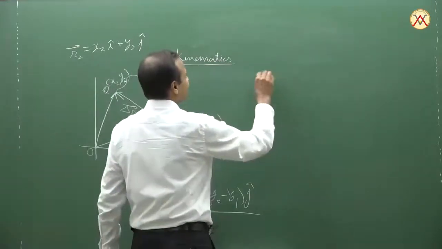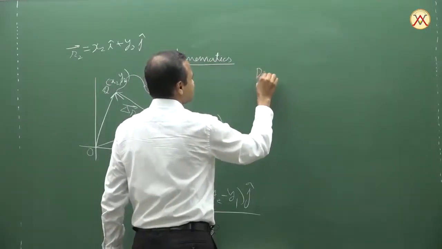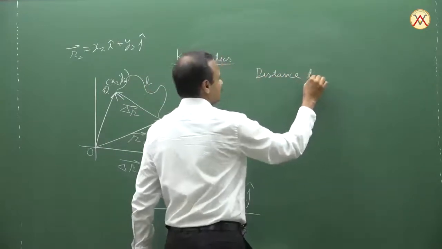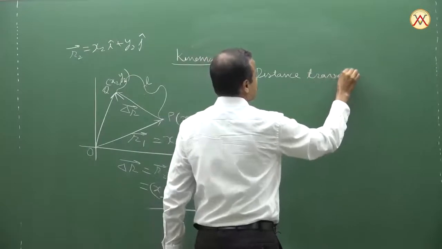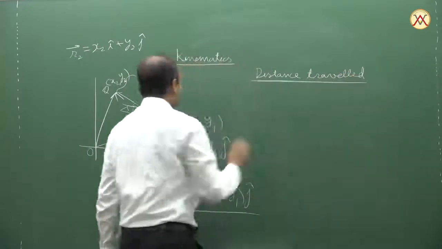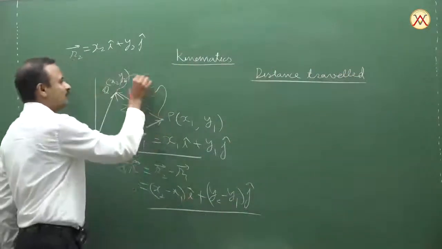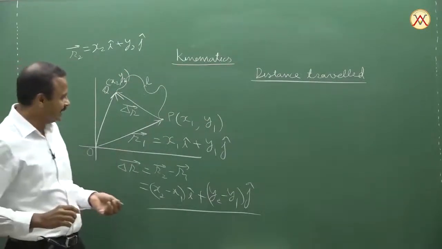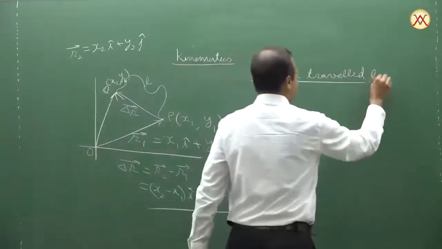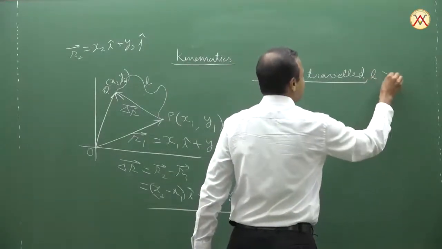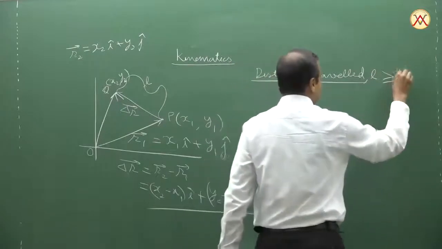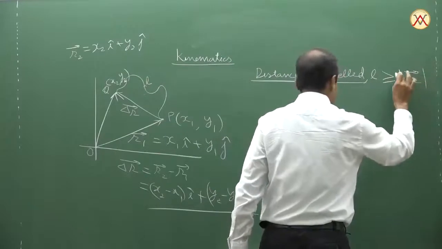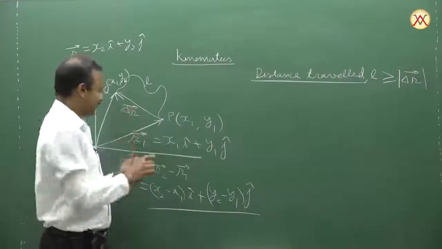So we can define the next term, distance travelled. This distance travelled is the actual length of the path along which the particle has moved. And clearly this distance travelled L is greater than or equal to the magnitude of the straight delta r vector.